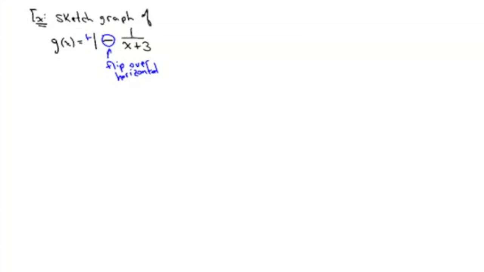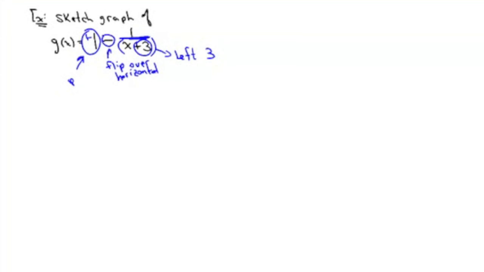Moves it up 1, you said? So this 1 here, up 1. What's the 3 doing? Right 3, left 3. Which one? Left 3. Inside the function, it goes opposite direction. Remember, these long lines are parentheses. And if it's inside parentheses, it goes opposite direction. So that 3 is left 3.